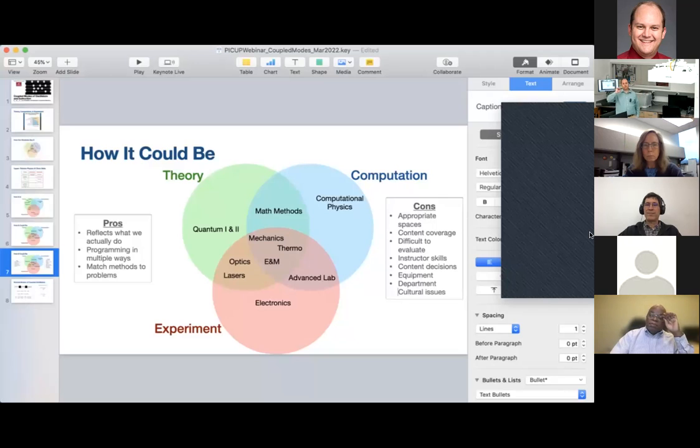We thought about this for a minute and realized that we could easily build that in an experimental form. I was already doing some computational things, so we could actually come at that particular problem from all three methodologies at the same time in this class.